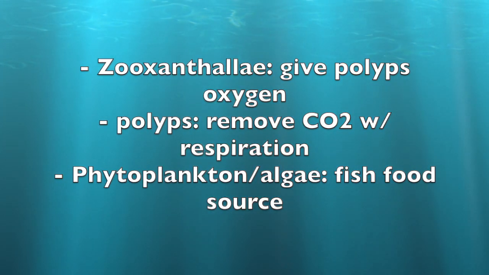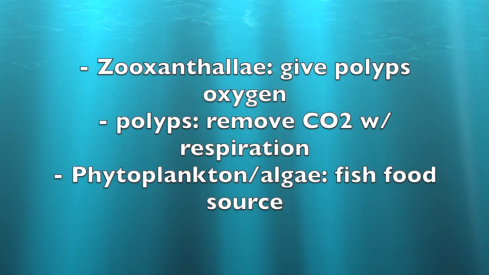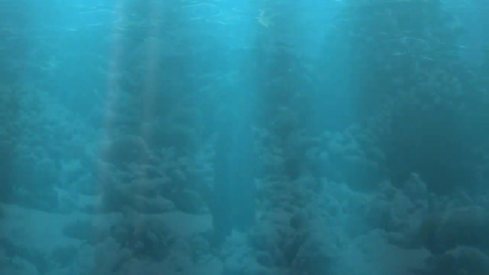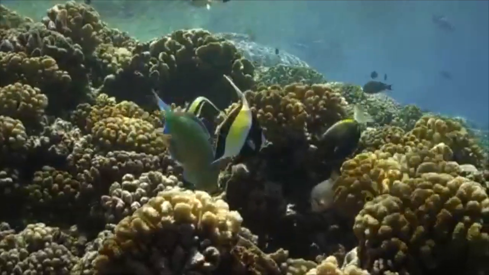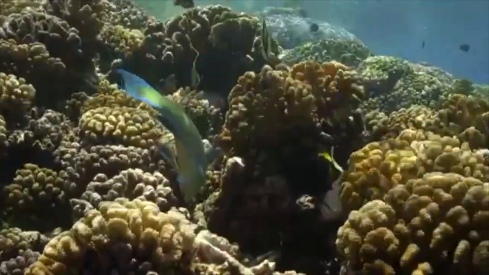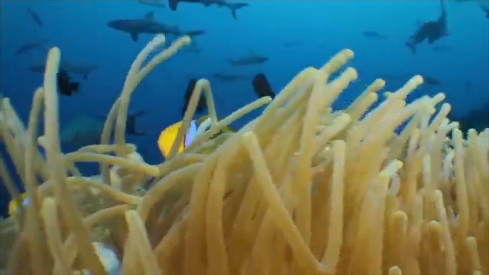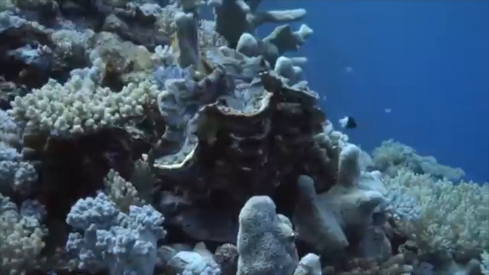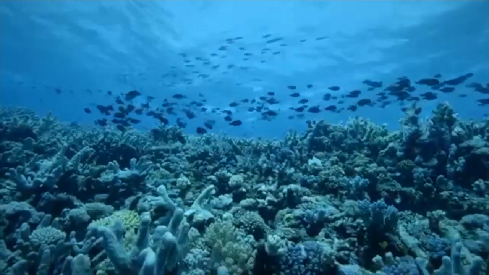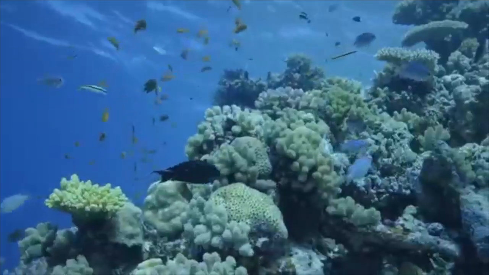Phytoplankton and algae are used as food sources for fish. The main forms of vegetation are angiosperms, seagrasses, mangroves, algae, seaweed, and benthic diatoms. Other vegetation such as seagrass act as housing for conch, while mangroves are used for the nurseries.